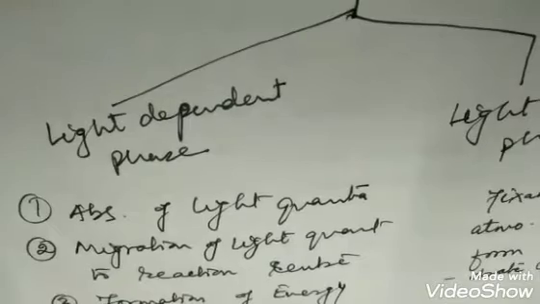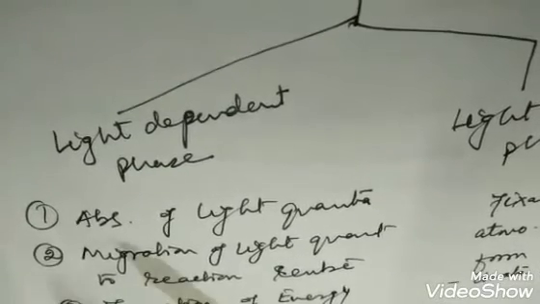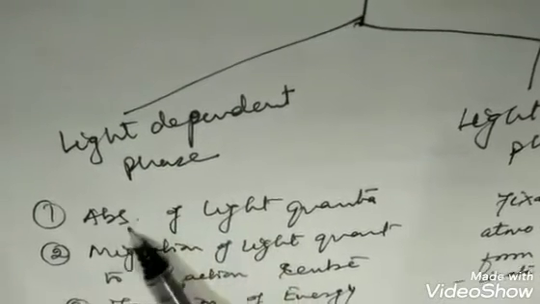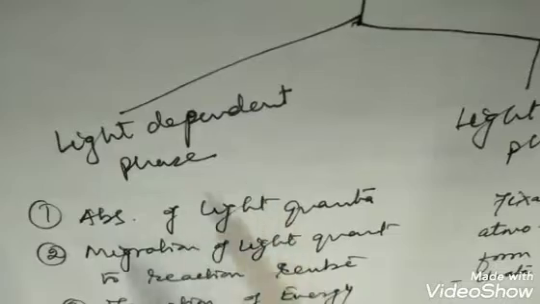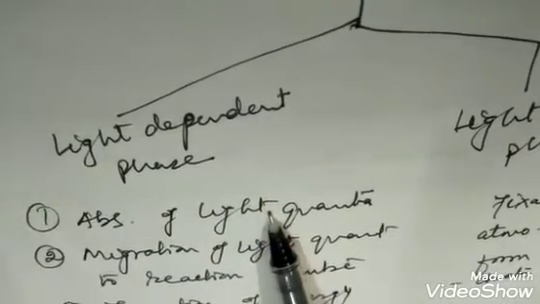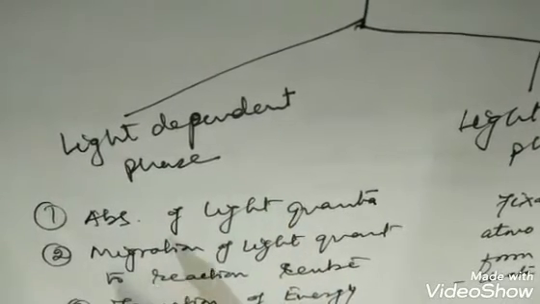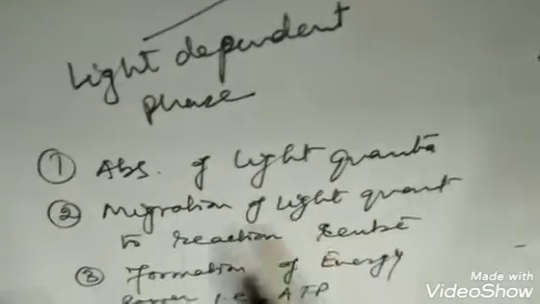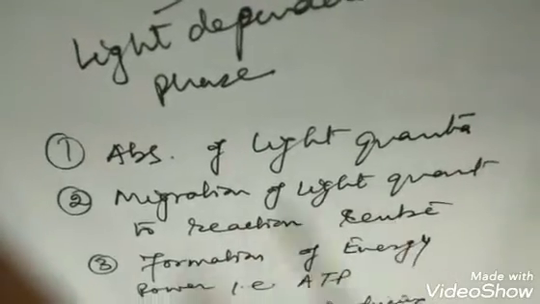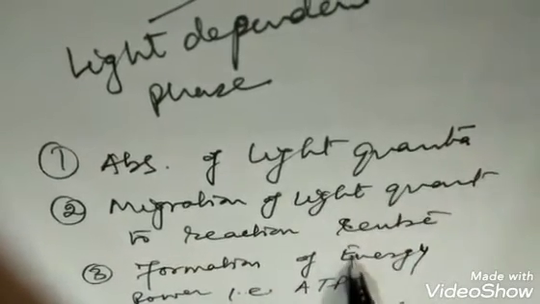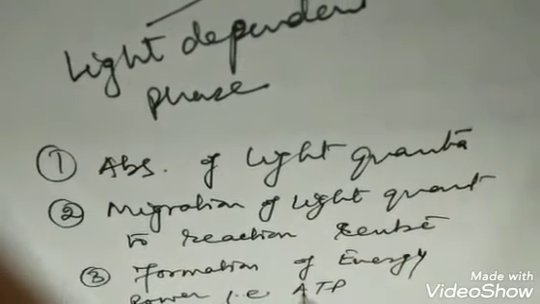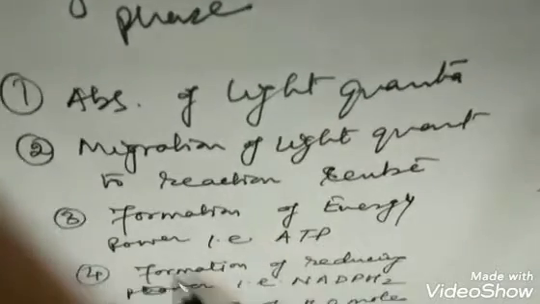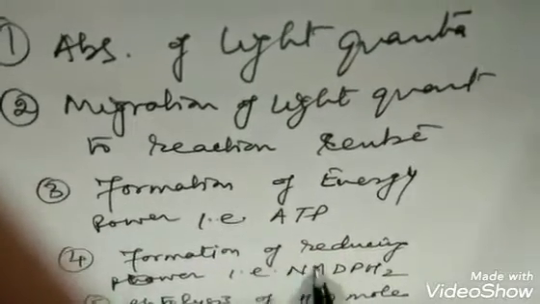In the light dependent phase, the first step is the absorption of light quanta. The light quanta is absorbed by the photosynthetic pigments, and the next step is the migration of these light quanta to the reaction center. The third step is the formation of energy power, that is ATP, and the fourth step is the formation of reducing power, that is NADPH2.